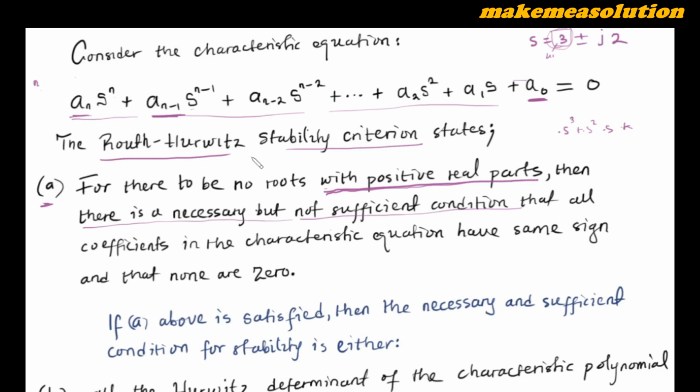Remember, you want to know the presence of instabilities, and you also want to determine the number of instabilities. So that's about the Routh-Hurwitz or the Routh criterion. The first condition, which is necessary but not sufficient, is that all coefficients must have the same sign and no coefficient should be missing.